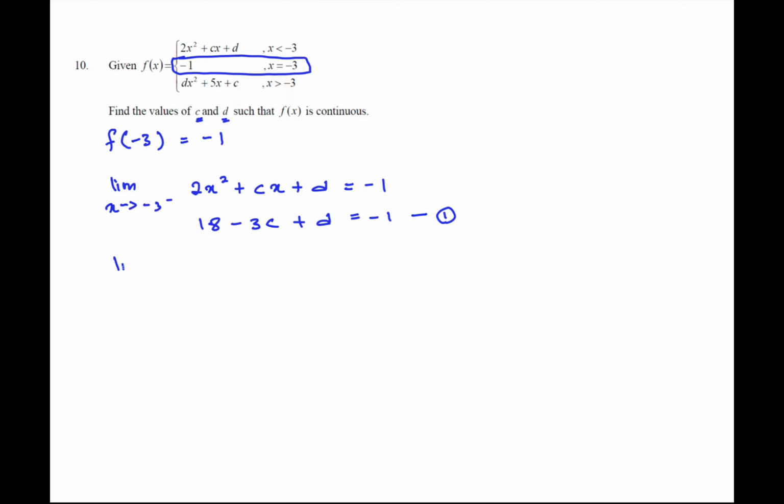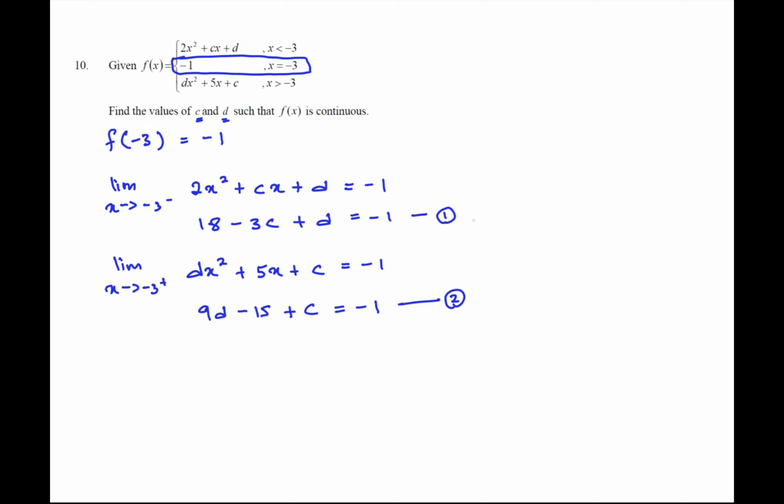And then the limit as x approaches -3 from the right, the function is dx squared plus 5x plus c, and this one also equals -1. When we substitute -3 as the x value, we can get 9d minus 15 plus c, and this one equals -1. So this one is equation 2.